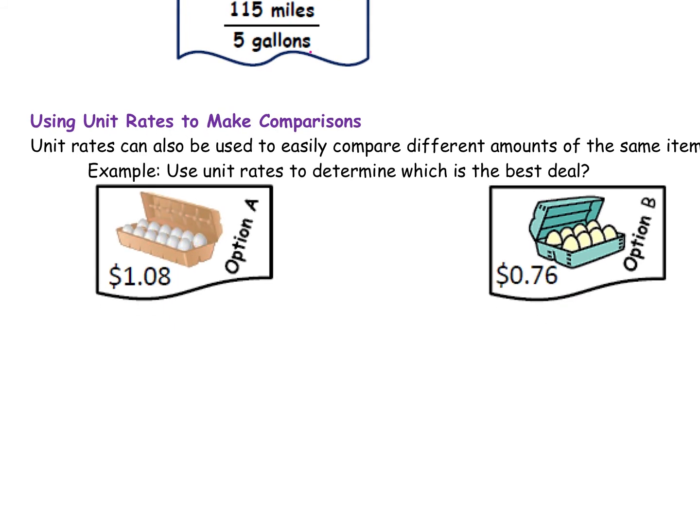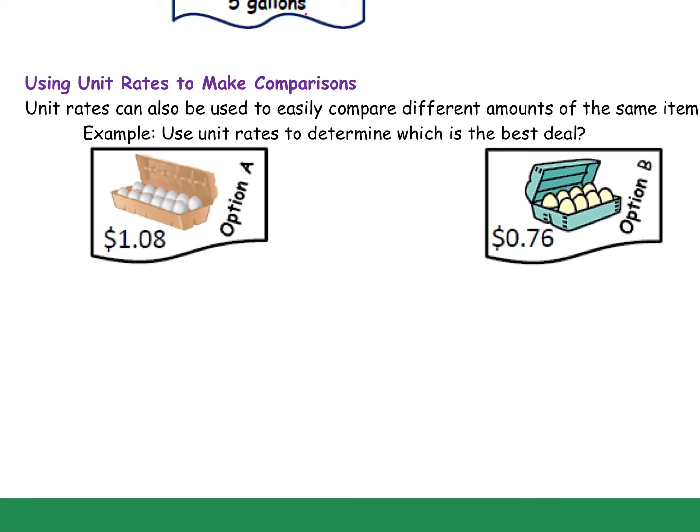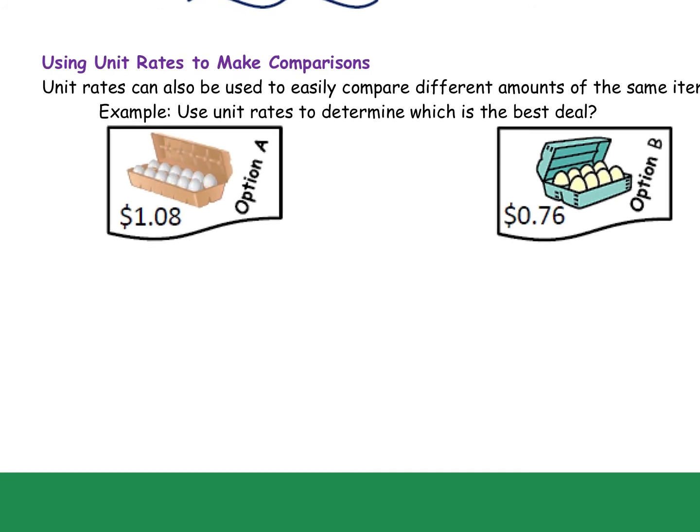Okay, so if I was, sorry, I have to make it a little bit smaller so I can write on the iPad with this. My iPad screen's not as big as the computer screen. So I have $1.08 divided by 12 eggs.